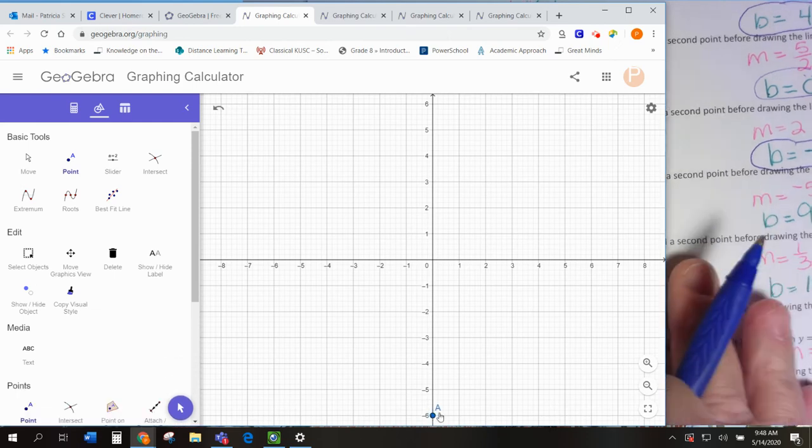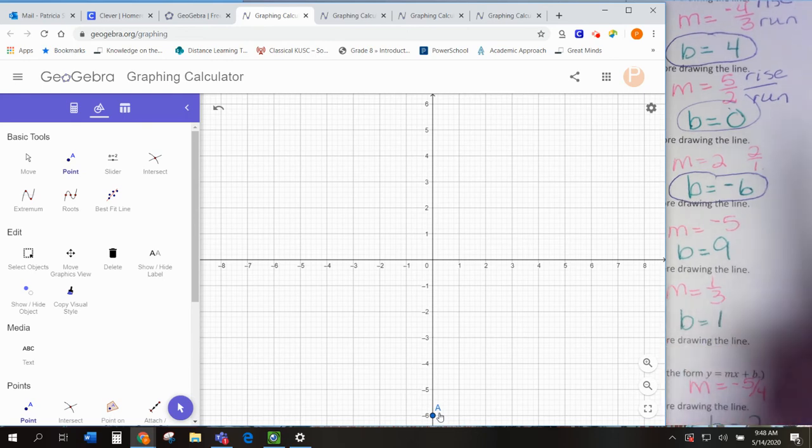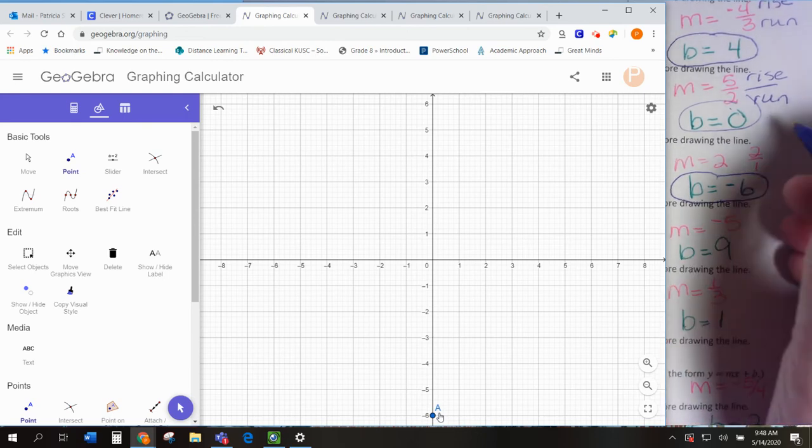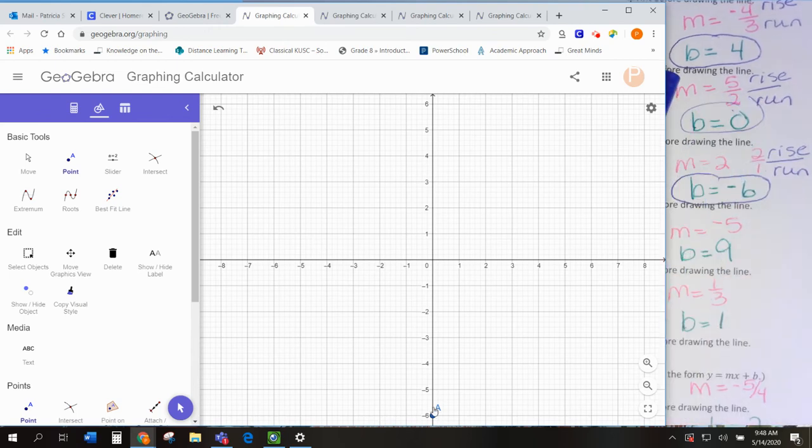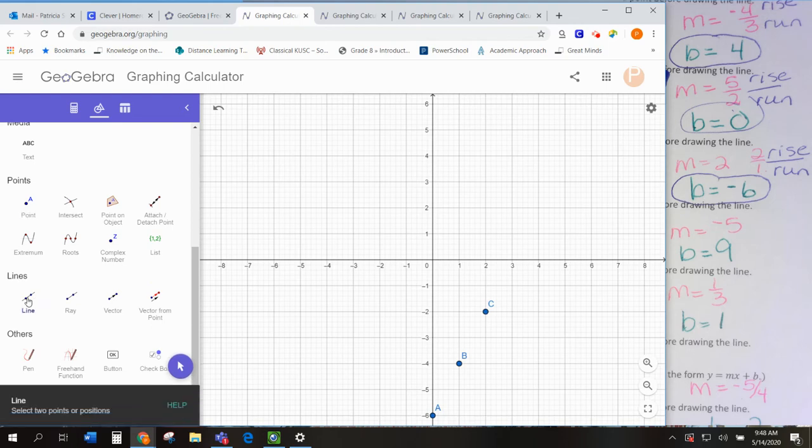Then our slope is 2, which we write as a fraction, 2 over 1. So we have a rise of 2 and a run of 1. We're going to go up 2 over 1, up 2 over 1. Okay.